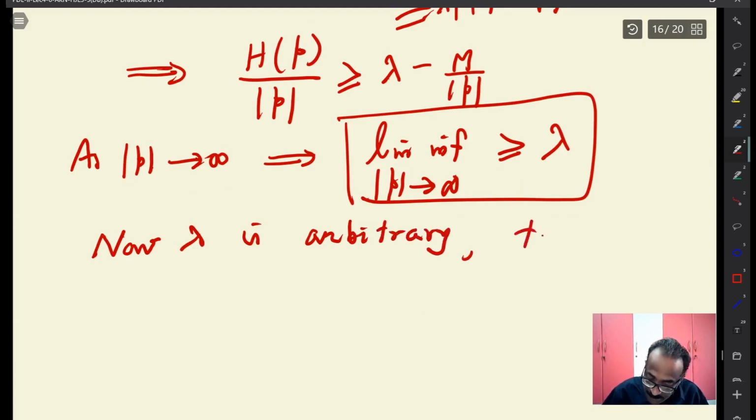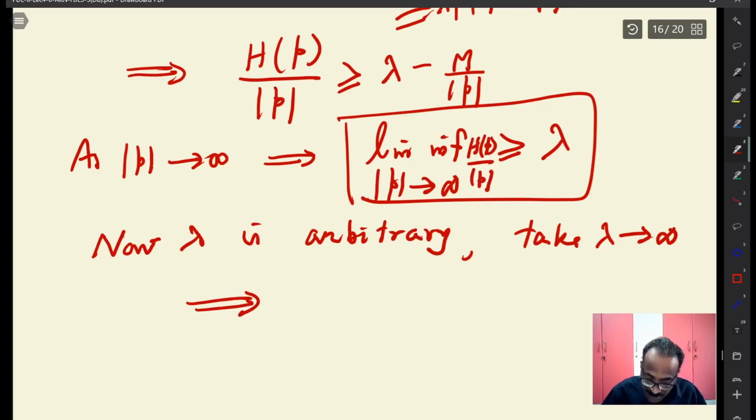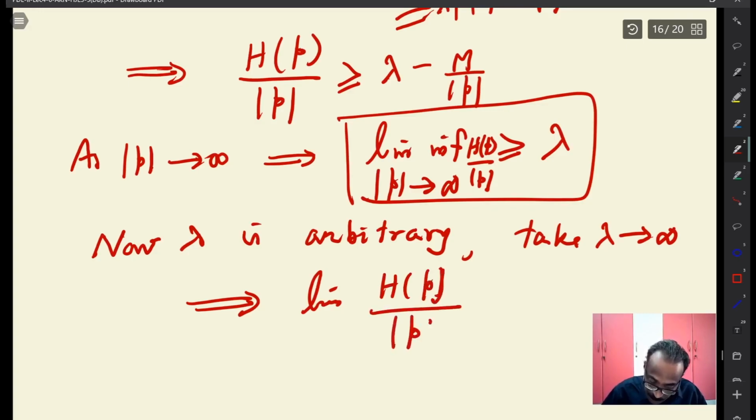Take lambda tends to infinity. Now m is not there, so I can take lambda tends to infinity. You get that the limit of H(P) by mod P as mod P tends to infinity exists as an infinite quantity. This will become infinity. So it is coercive.